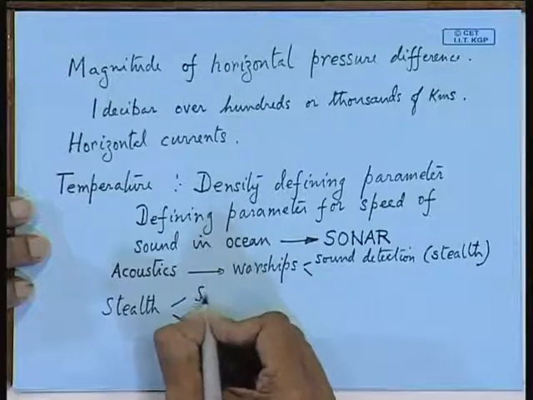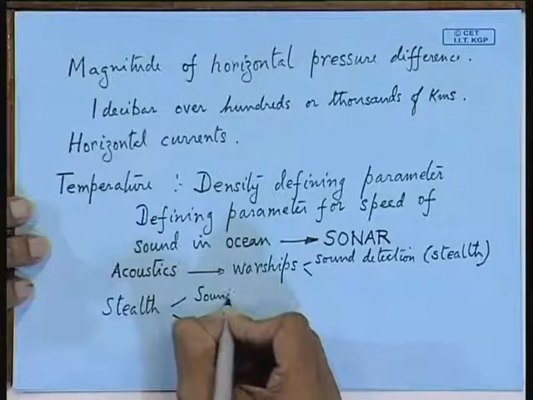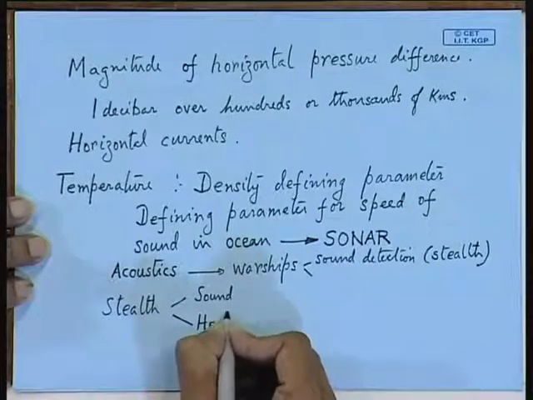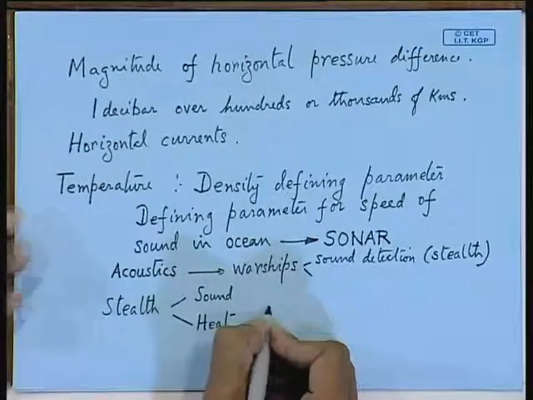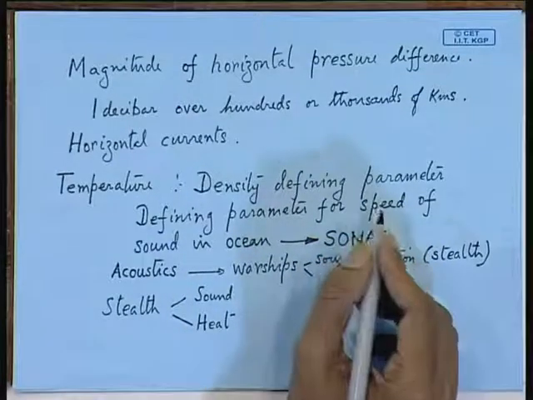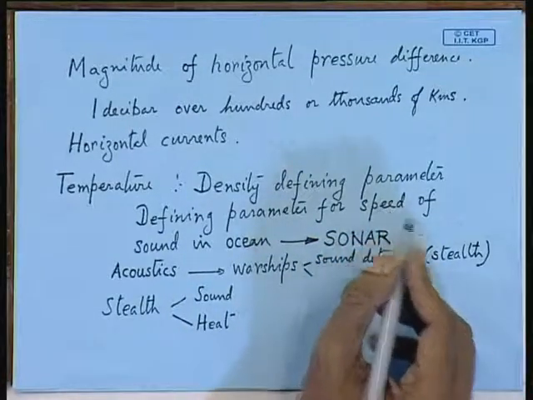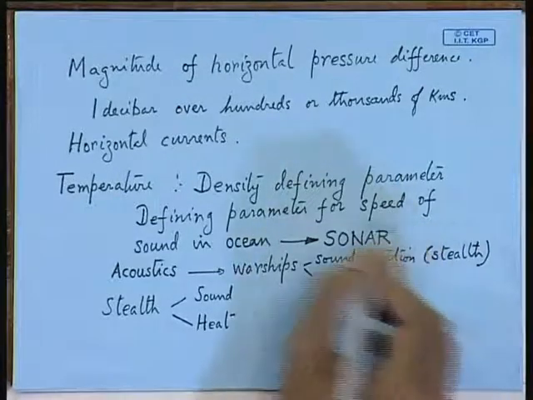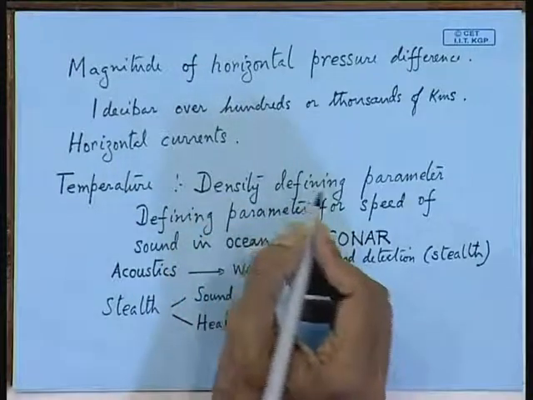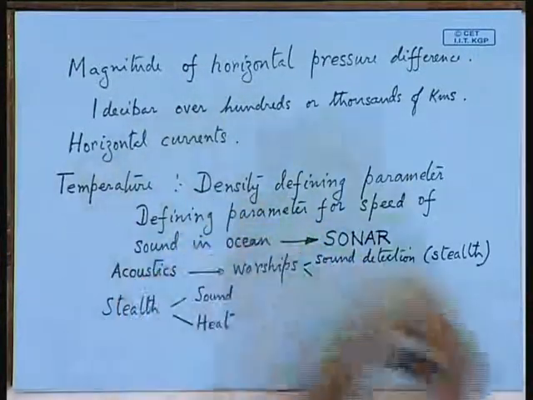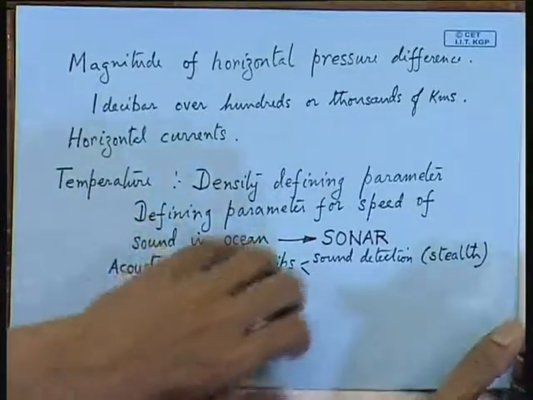One is by sound and the other is by heat or infrared radiation. Anyway, let us not go too much into detail of this. Now, defining parameters for speed of sound: temperature is directly influencing your density, and because of change in density it influences your sound propagation.